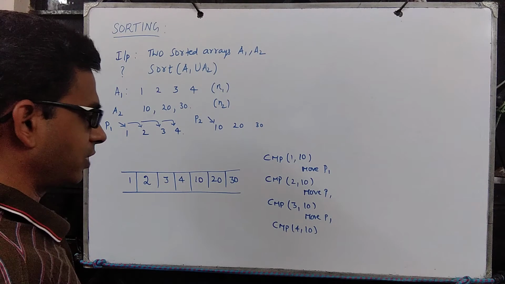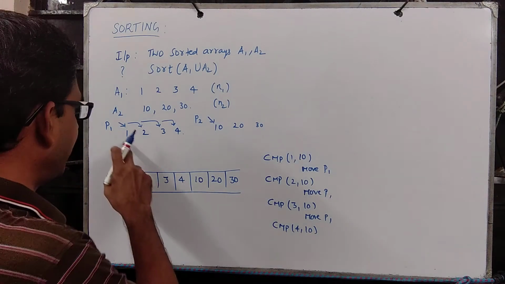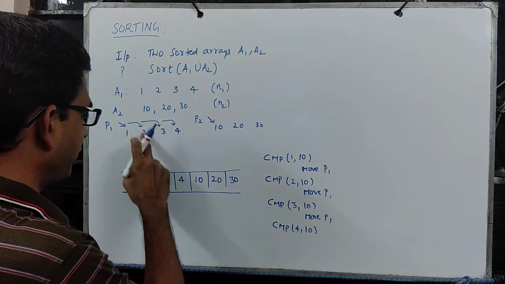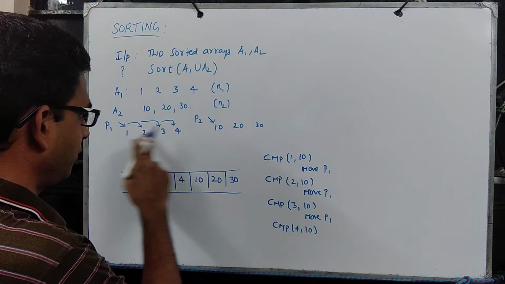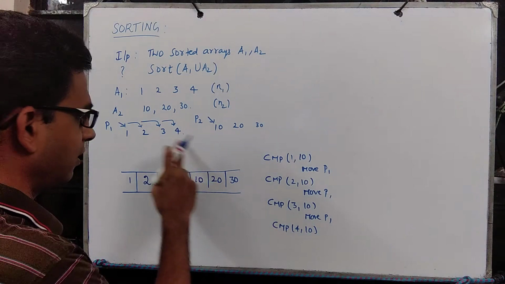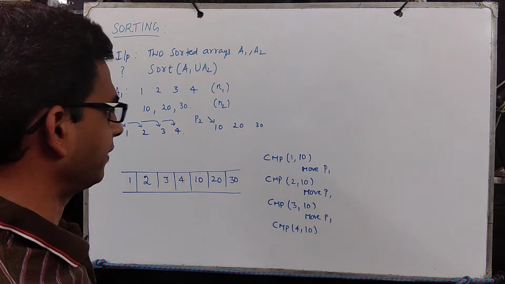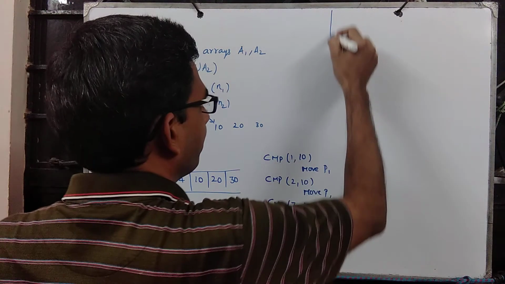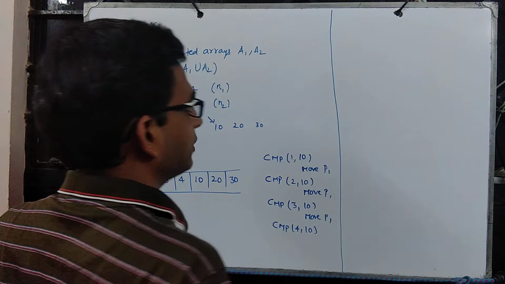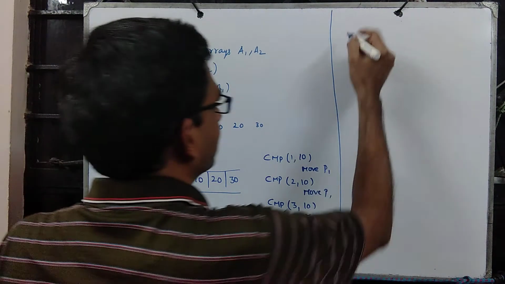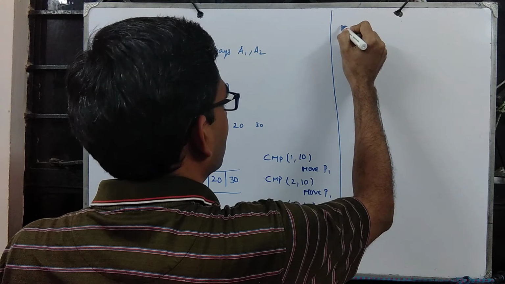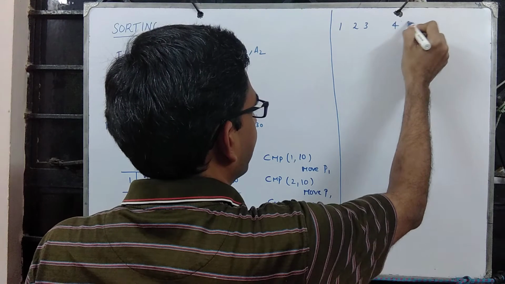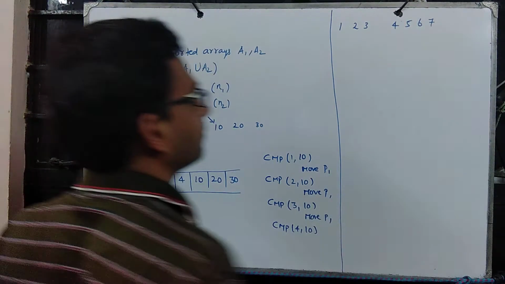That is all. So we compared 1 and 10, then moved this pointer, then 2 and 10, we moved this pointer, 3 and 10, 4 and 10. So this is one case study. Let's look at another case study where it is say 1, 2, 3, and on the other side it is say 4, 5, 6, 7.